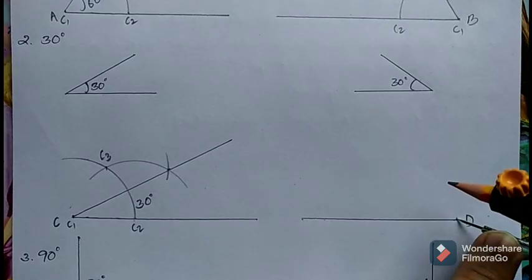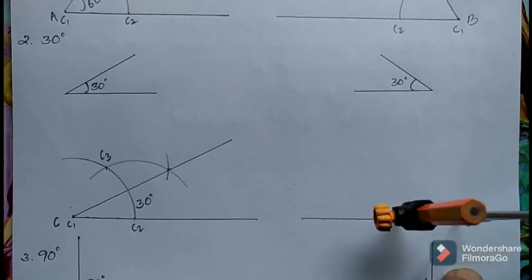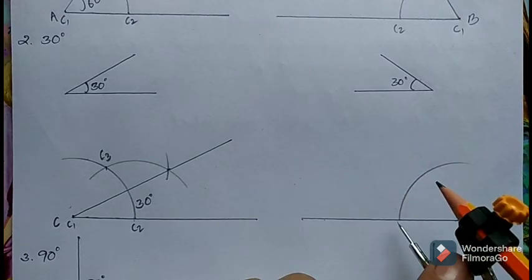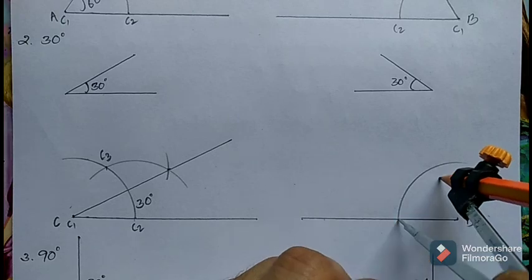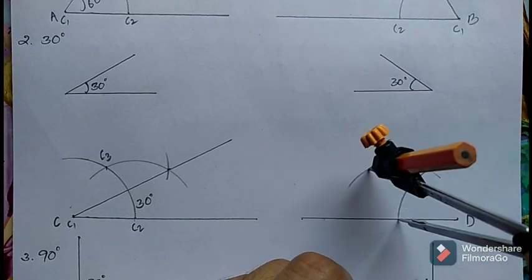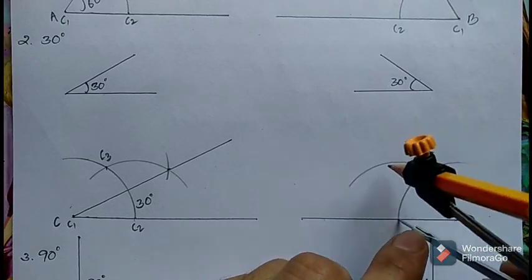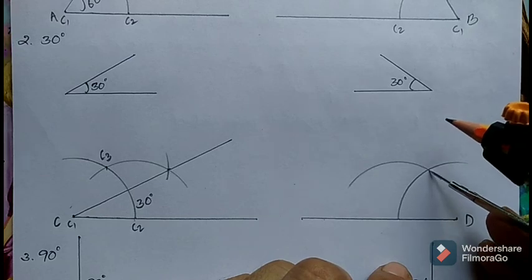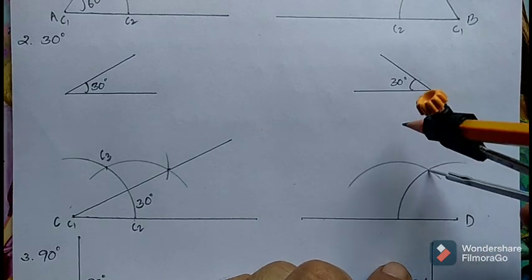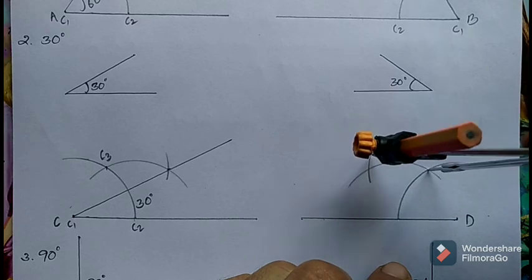Taking D as center, we draw an arc. Now taking this point as center, we cut the first arc, and we draw the second arc longer. And third, you take the point where the second and first arc intersect as center, and cut the second arc at one point.